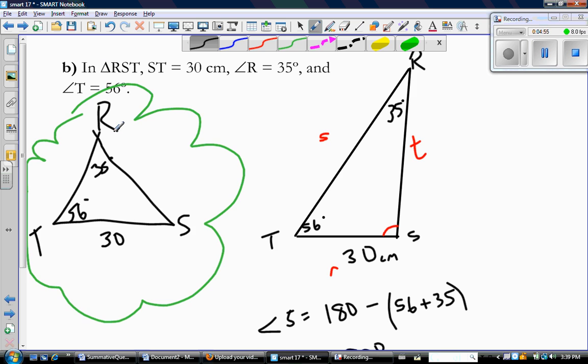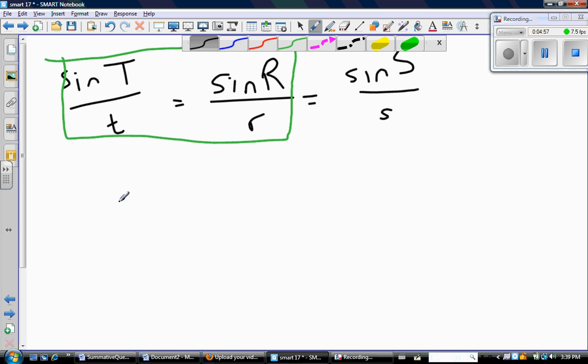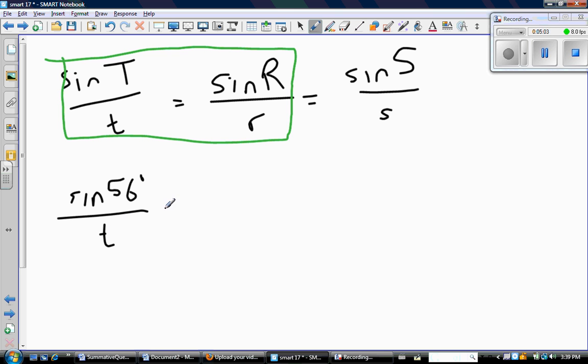So what are my values? I have sine 56 degrees over side T equals sine 35 degrees over R, which is 30. Then I'm just going to solve for T. In my calculator, make sure I'm in degree mode.